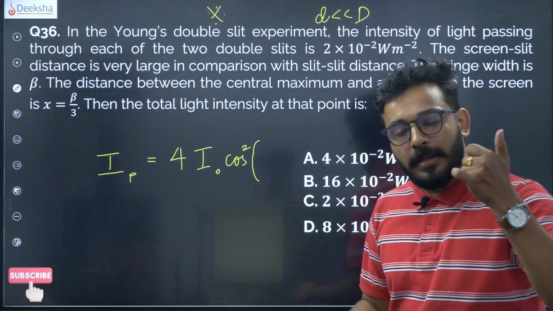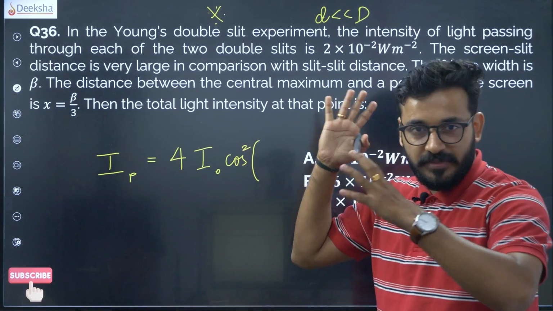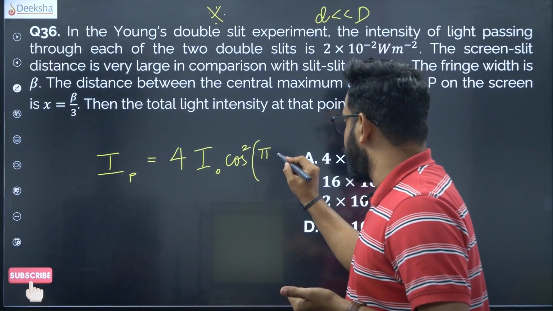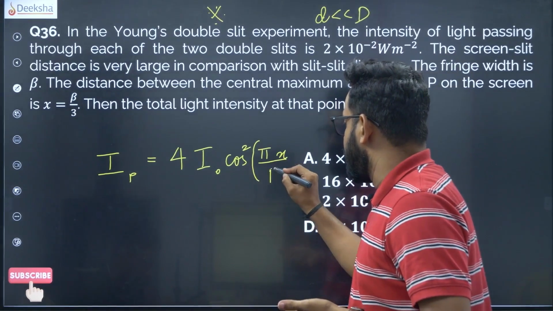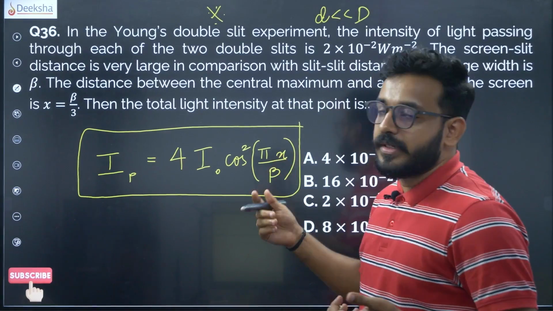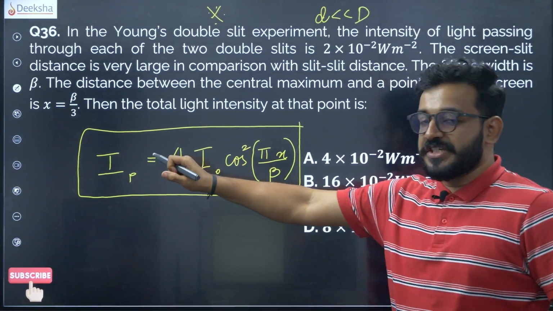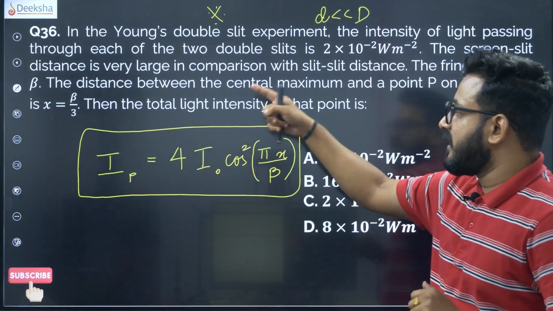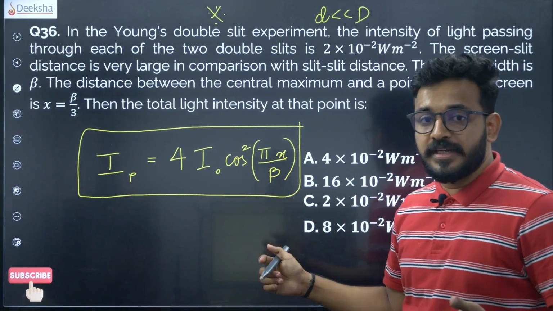That's the general formula. But in this particular situation, for this type of question, you can take it as pi into x divided by beta. So this is a very important result. X is the position of that particular point from the central maximum. That is given by beta by 3. You can substitute beta by 3.